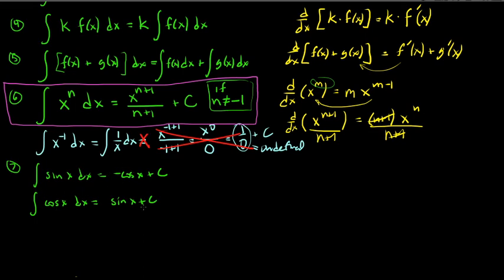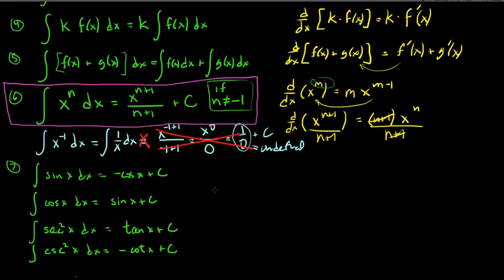The integral of cosine is positive sine. And we've already seen this one. If you integrate secant squared, you just get tangent, because the derivative of tangent is secant squared. And likewise, if you integrate cosecant squared of x, you just get negative cotangent of x, because the derivative of negative cotangent is cosecant squared. And then don't forget the plus c here.